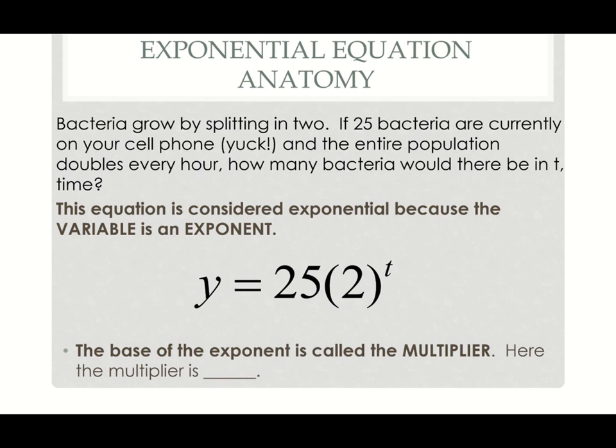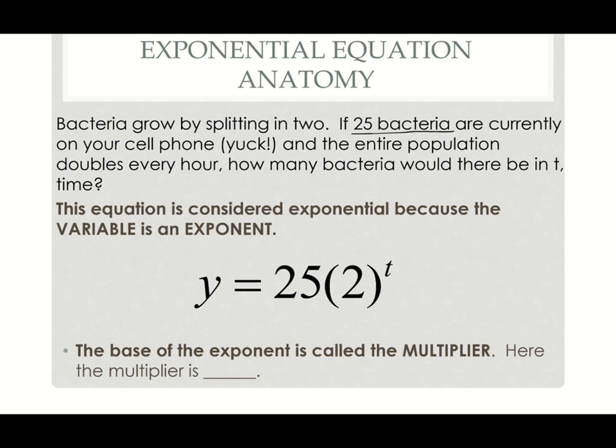25, if we can see, is our initial amount of bacteria, and then 2 is our multiplier. It's how often it's going to increase. So in this case, it's doubling every hour. So every hour it's getting 2 times bigger.